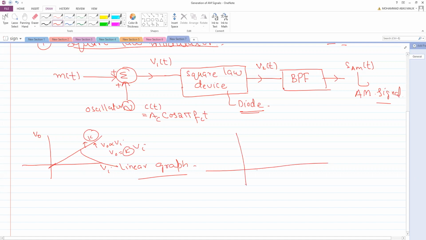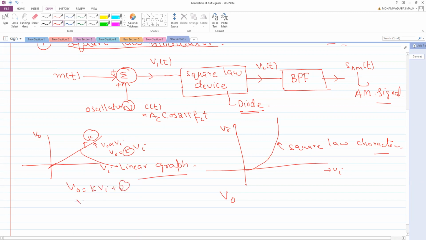If the graph is drawn like this, with input on the x-axis and output on the y-axis, then this type of characteristic is called a scalar characteristic. In the linear case, v output is equal to slope into vi, that's k into vi plus 0, because the y-intercept here is 0.